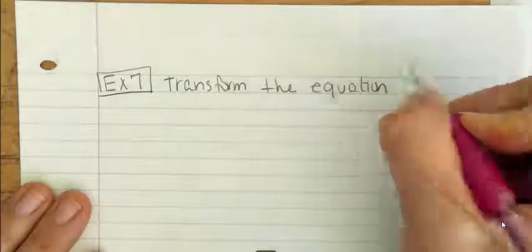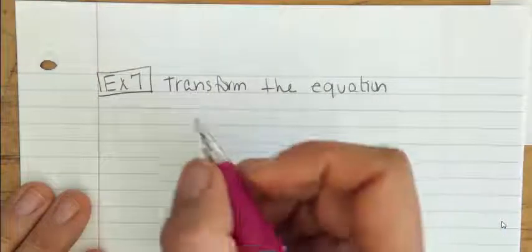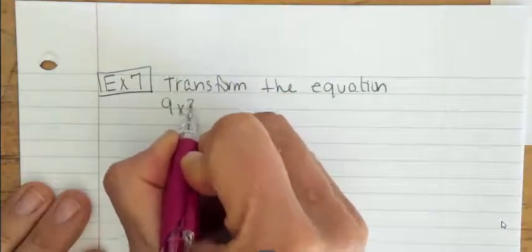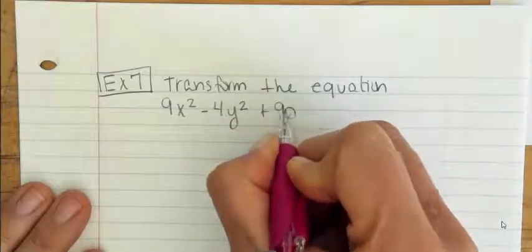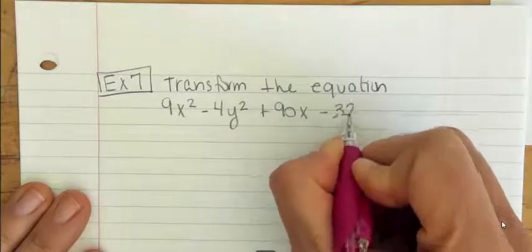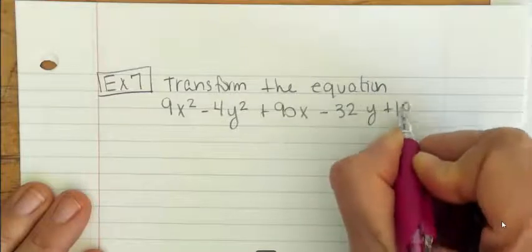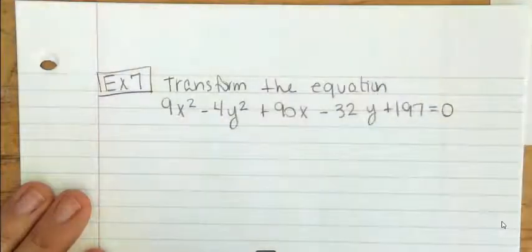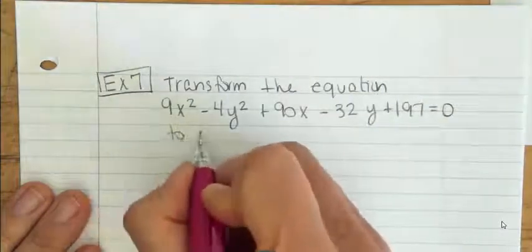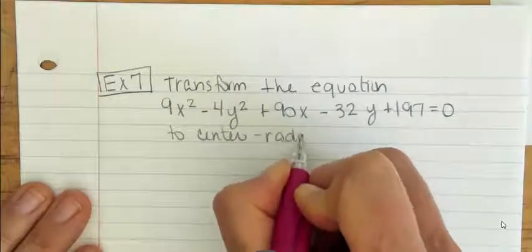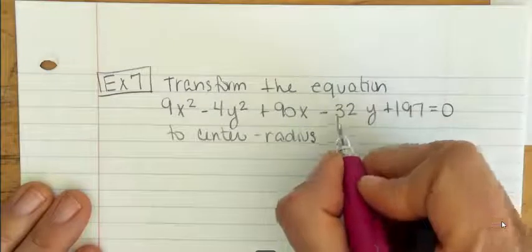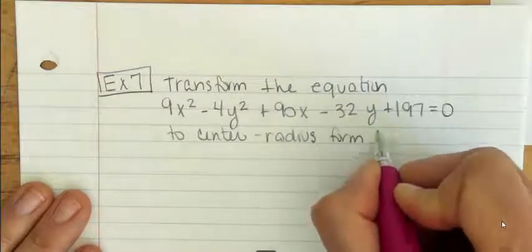This time they're going to give it to you in that standard form: 9x squared minus 4y squared plus 90x minus 32y plus 197 equals 0. And they want you to put it back into center radius form by completing the square.